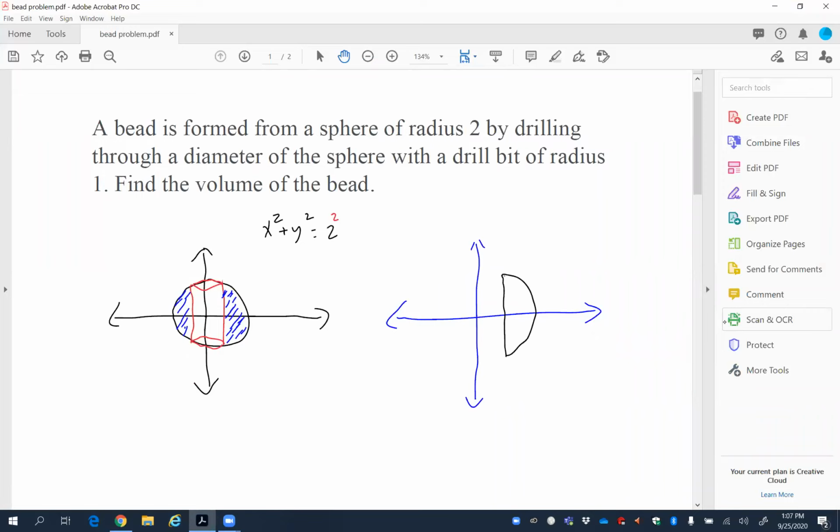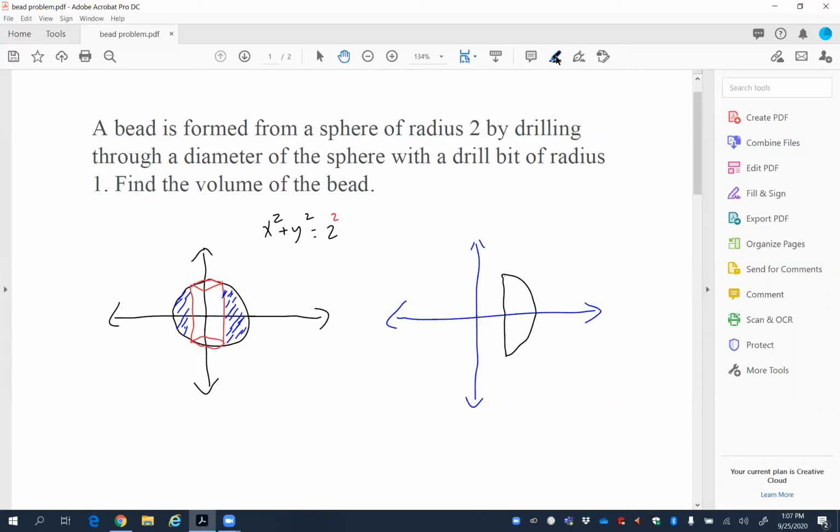If I just revolve this part around the y-axis, and I find the volume of that revolution, then that would be the volume of this bead. Okay, so we are going to revolve this thing around the y-axis, and that will help us to find out the volume. And in this problem, I'm going to use the washer method.